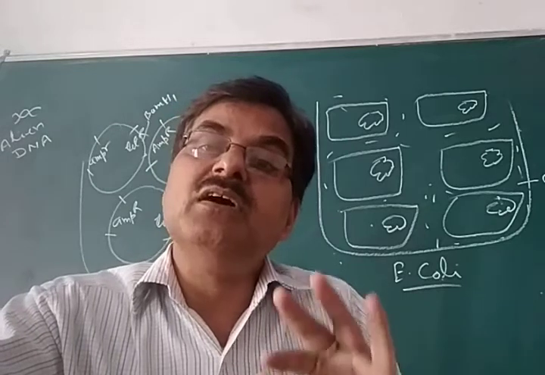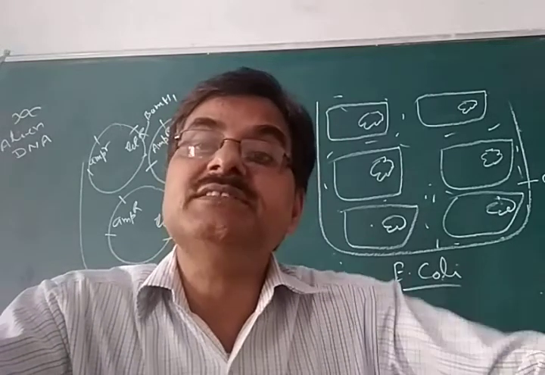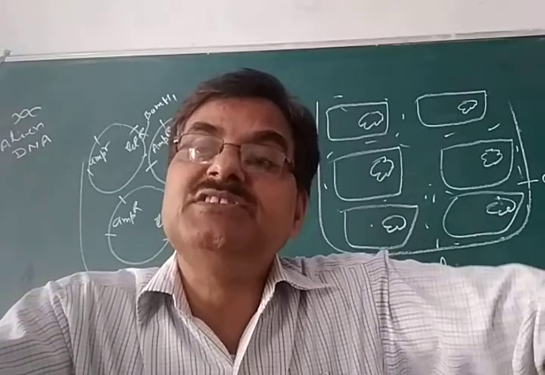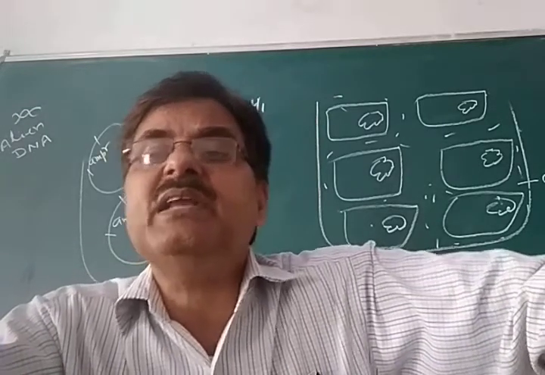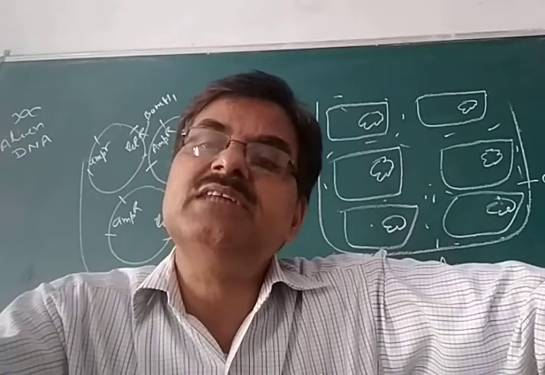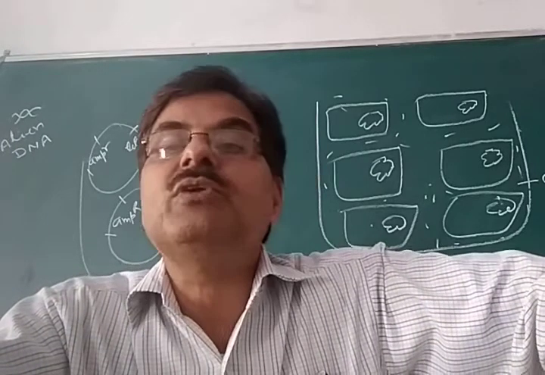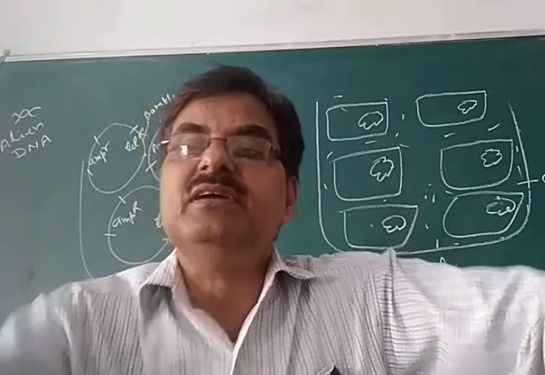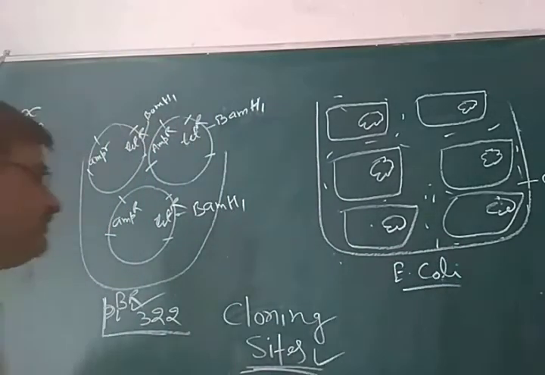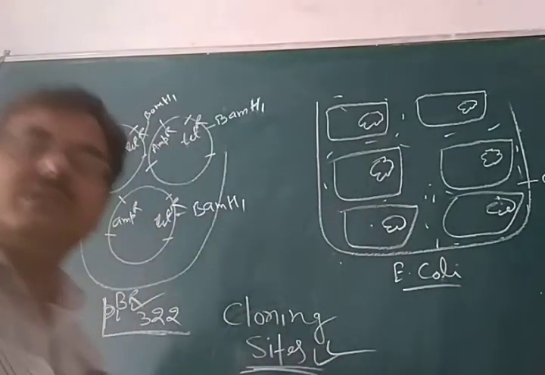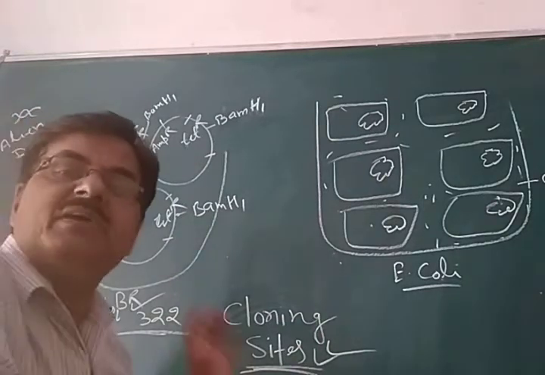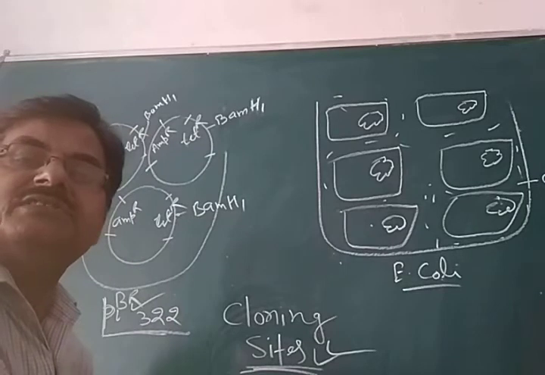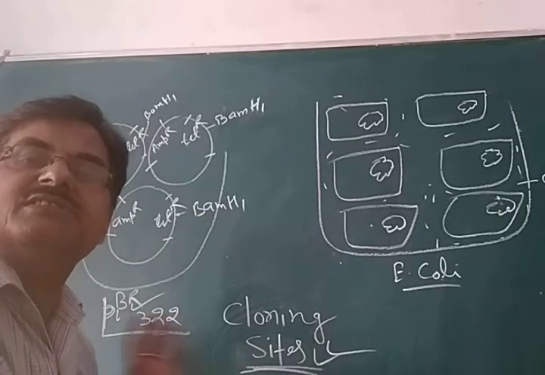If there is more than one recognition site for that restriction enzyme, it will cut the DNA at different places and make many fragments, and our gene cloning process will be very difficult. So, about cloning sites, what we learnt is that in the cloning vector there should preferably be a single recognition site for the commonly used restriction enzyme.